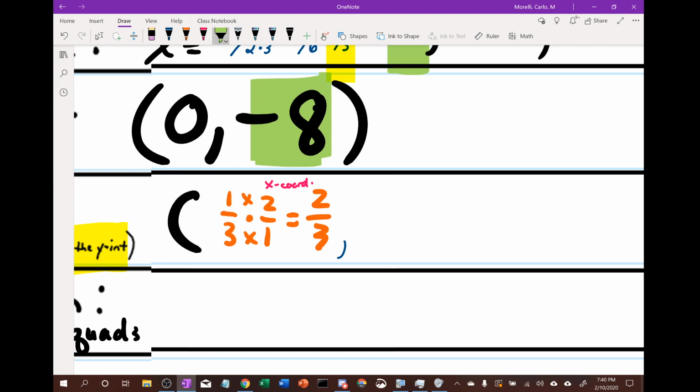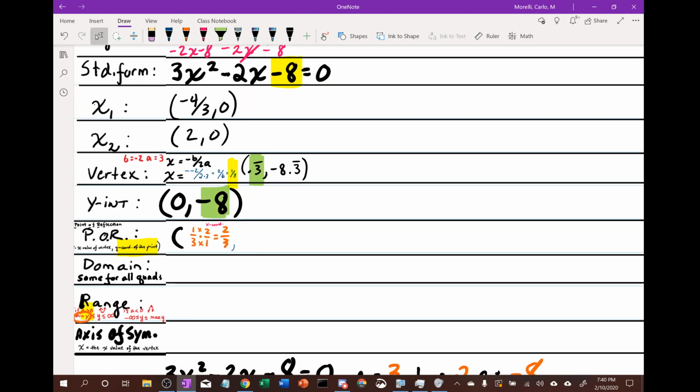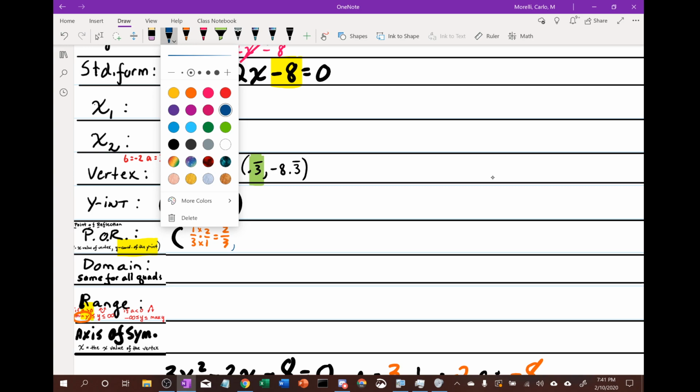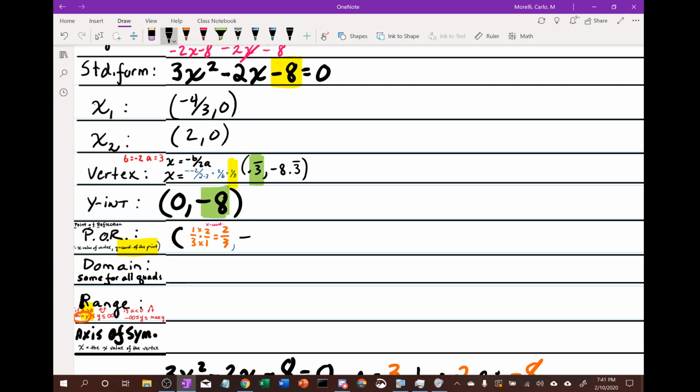Y-intercept is negative 8. Thank you. I was starting to get really worried. Okay, so basically, we'll just rewrite this. The point of reflection is 2/3 or 0.6 repeating, comma, negative 8.